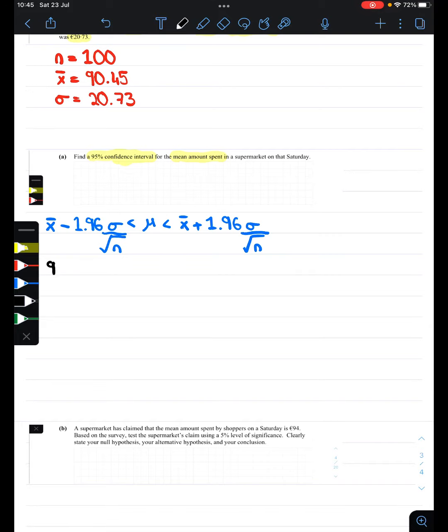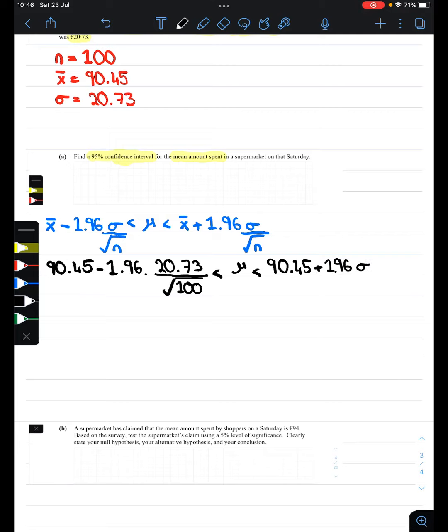So 90.45 minus 1.96 times the standard deviation, 20.73, all over the square root of 100, less than mu, less than 90.45 plus this standard error, 1.96 times the standard deviation over the square root of 100.